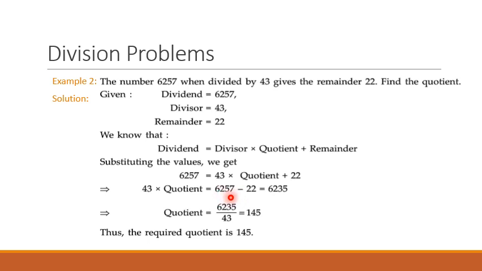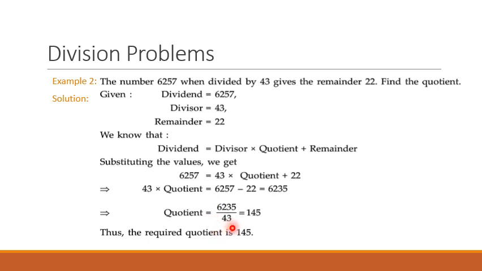So 6257 minus 22 gives me 6235. And here this 43 is in multiplication with quotient. So I write it in the division. So quotient is equal to 6235 divided by 43.